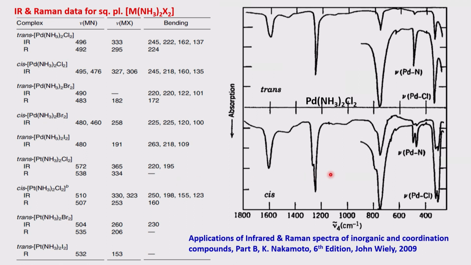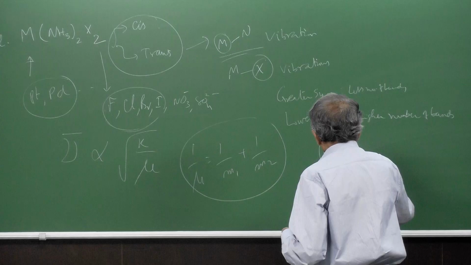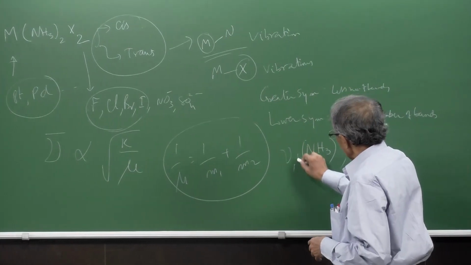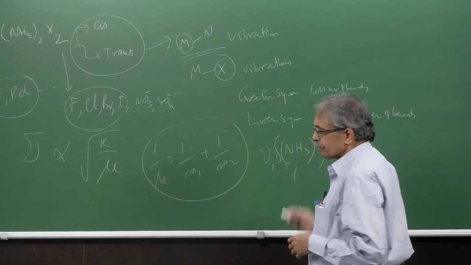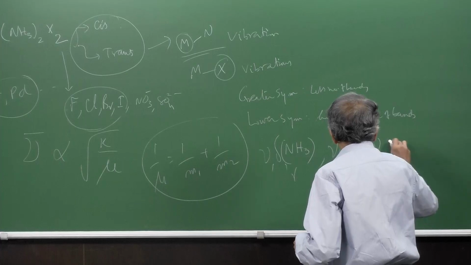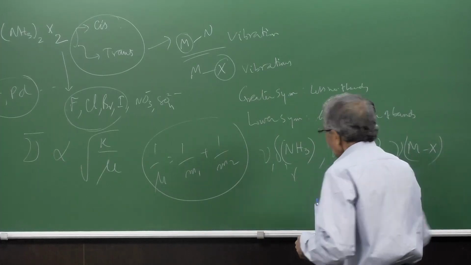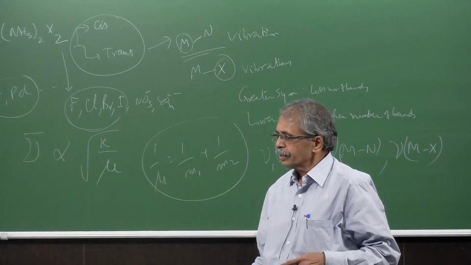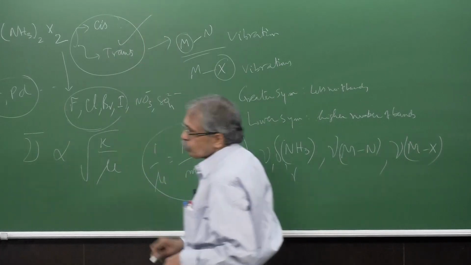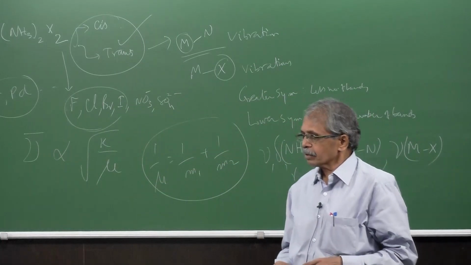Other bands come from the ammonia group, so you see the ammonia bands splitting as well as the metal bands. These are the vibrational frequencies of NH3, whether nu, delta, or rocking, etc., as well as nu of MN and nu of MX. All of these show the difference. I hope you noticed that. So we have proven this part, cis versus trans, the number of bands.